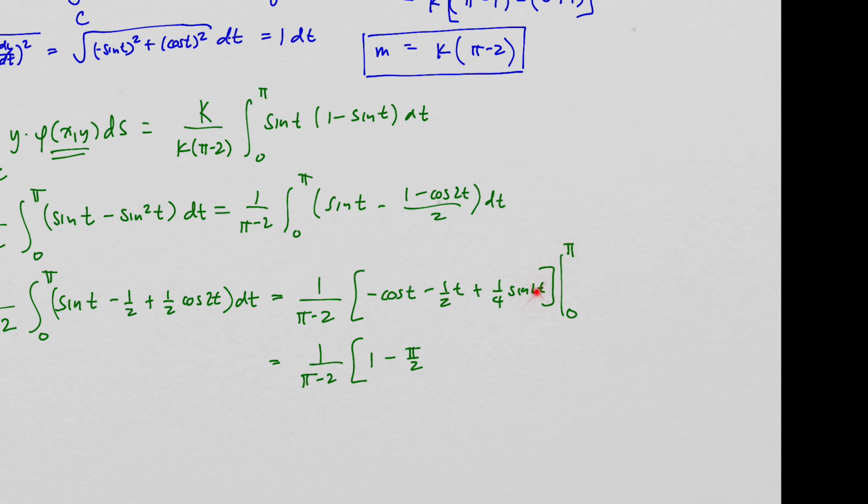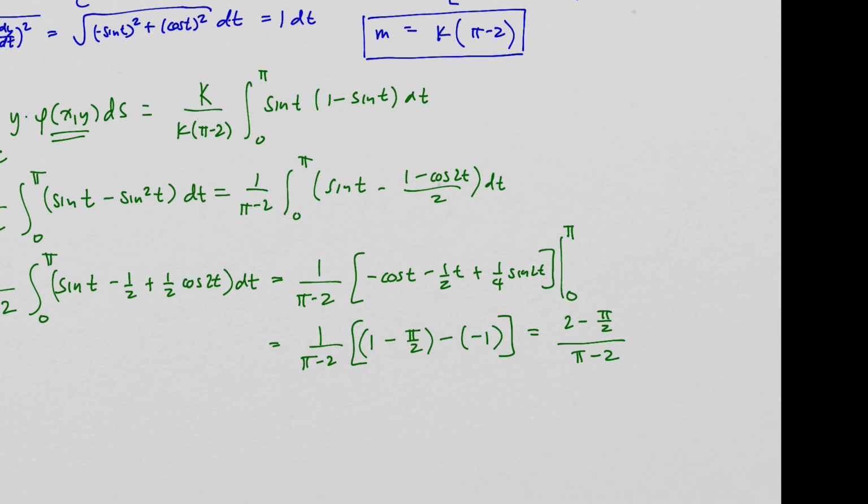Sine of 2 pi is 0. And when you plug in 0, you get 0 here, and then cosine of 0 is 1, and that's going to be negative 1. So we're going to have minus negative 1. And so, of course, this is 2 minus pi over 2 over pi minus 2. So 1 plus 1 is 2 minus pi over 2 divided by pi minus 2.